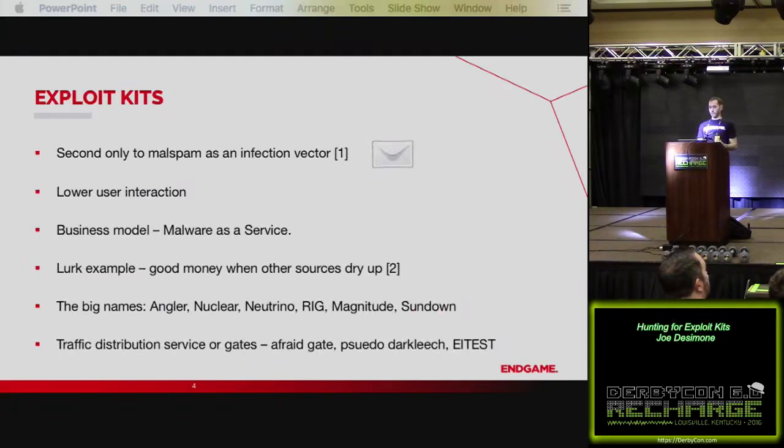All right, exploit kits. There are basically two big avenues for criminals to compromise your system. The first is email spam, and the second is exploit kits. Email infection vectors require pretty significant user interaction. They have to click on your attachment, sometimes open it up and click through, and if it's a macro, they have to enable macros.